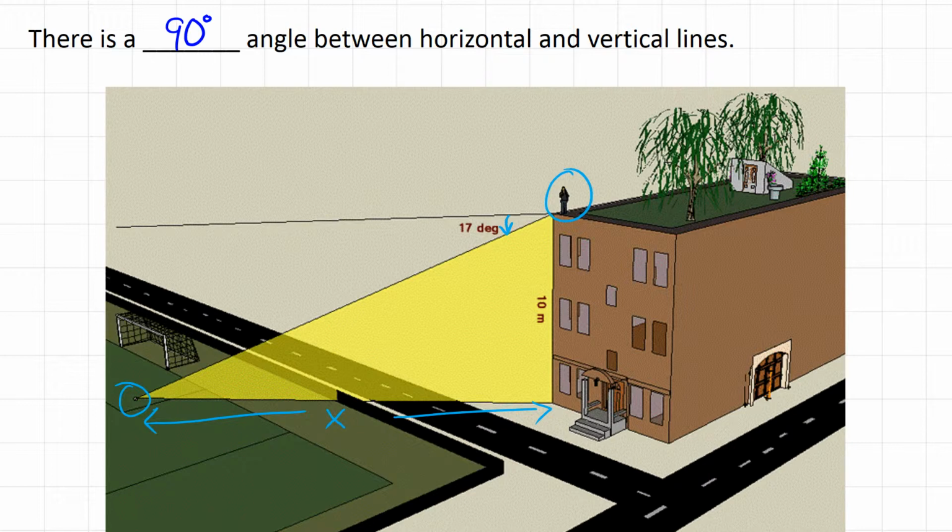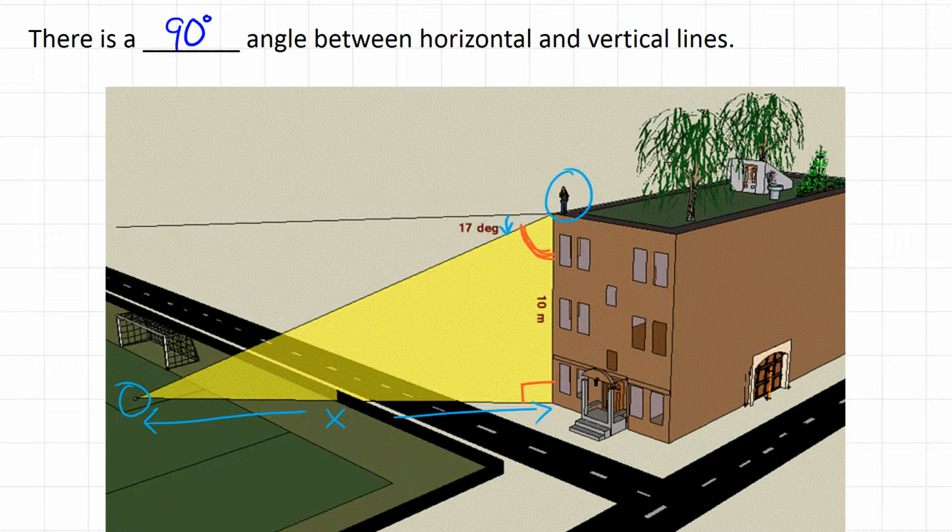you might instead choose to use this other angle in this big right triangle here, because here we have a right triangle between the ground and the building that the person is standing on, which means that we could use the fact that this angle plus 17 degrees is equal to 90.